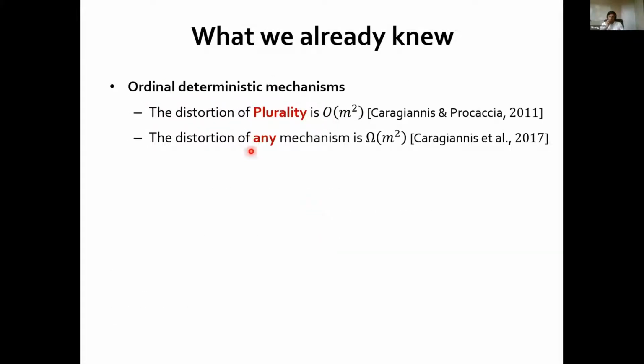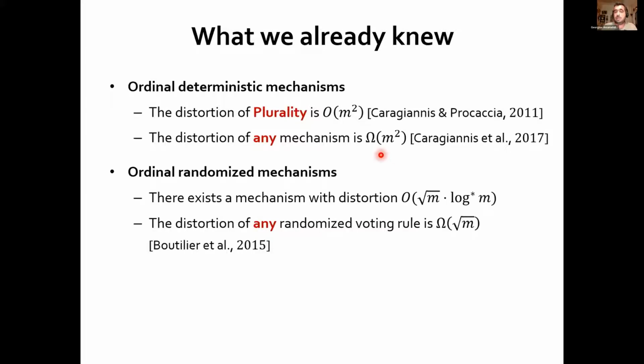So what do we already know? These have been mentioned at some point, maybe multiple times, but let's state them as a point of reference. When we stick to deterministic mechanisms, we can achieve distortion of order m squared, and this is the best that one could hope for, unless we allow randomization. Once we allow randomization, this theta of m squared becomes roughly square root of m.